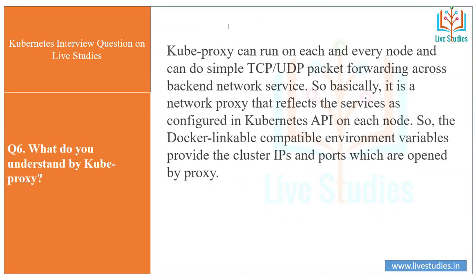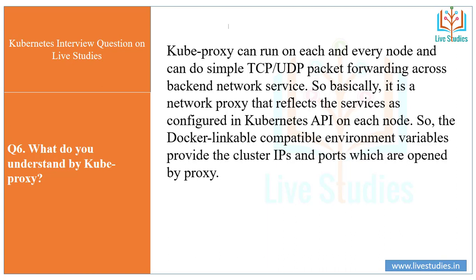Got it? Another question is, what do you understand by kube-proxy? Interesting and very important question. The kube-proxy runs on each and every node and can do simple TCP and UDP packet forwarding across backend network services. TCP means Transmission Control Protocol.